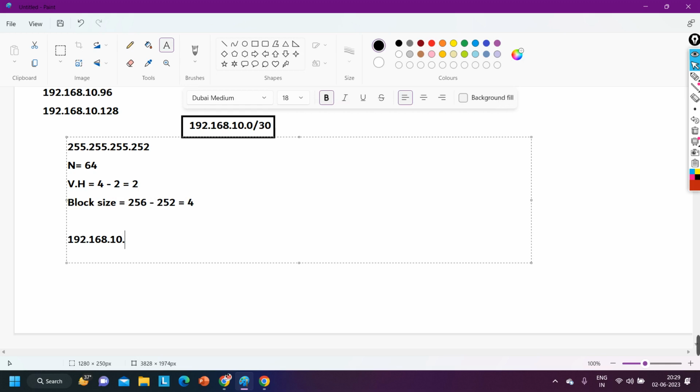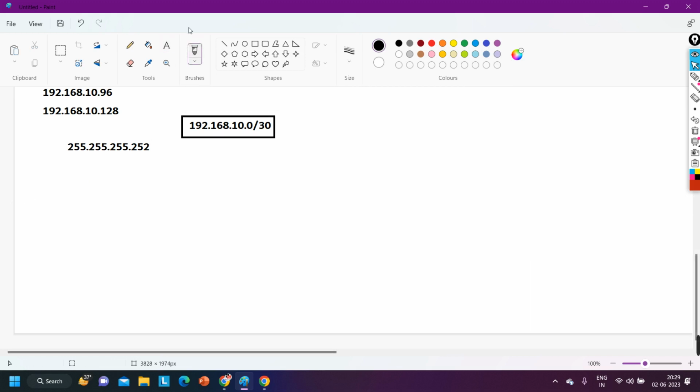No. See, the number of networks is very clear and very easy as well. The formula to calculate the number of networks is 2 to the power n, where n is the borrowed bits. For this IP address the default CIDR value is /24, and I am using CIDR value /30.